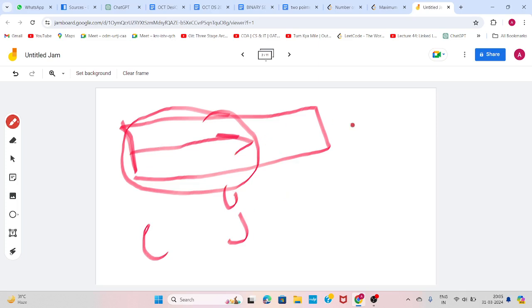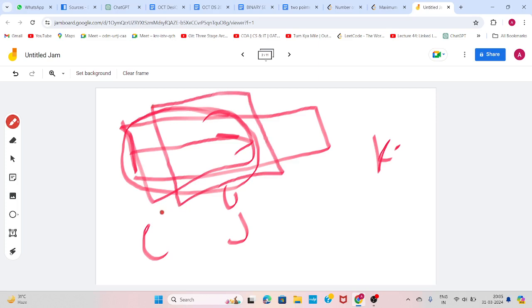Once we get length equal to k, we first decrease the sum. We have this subarray, and now we have to move the sliding window to here.